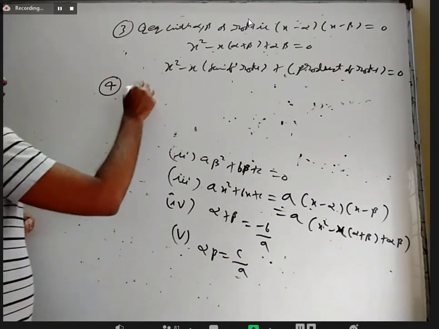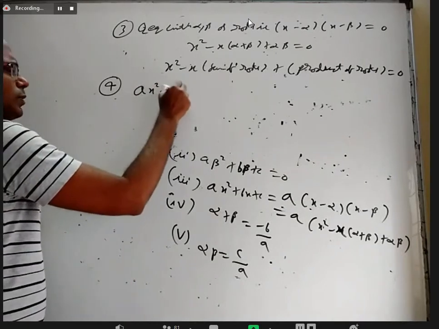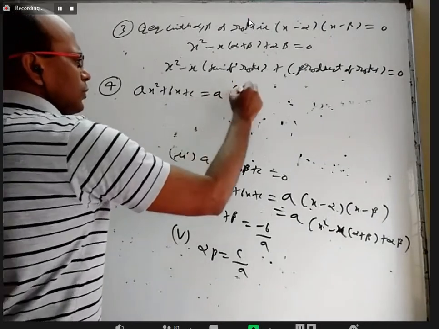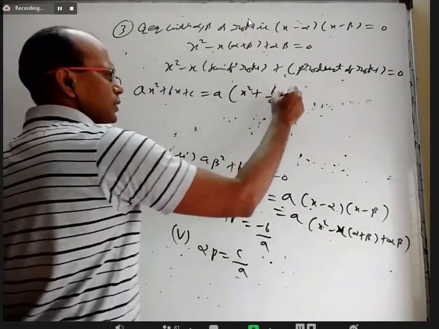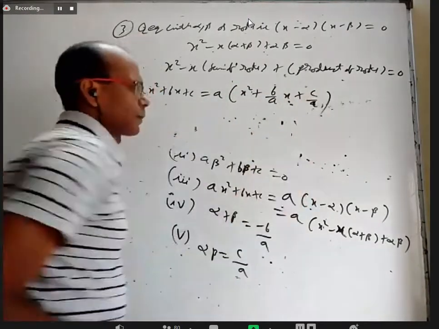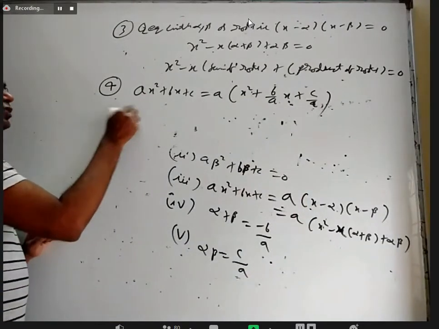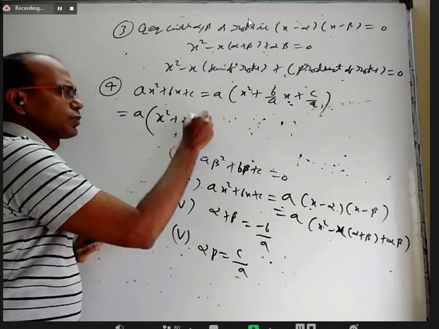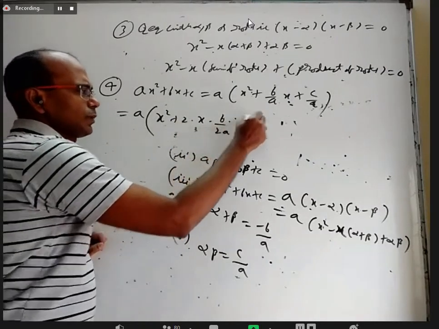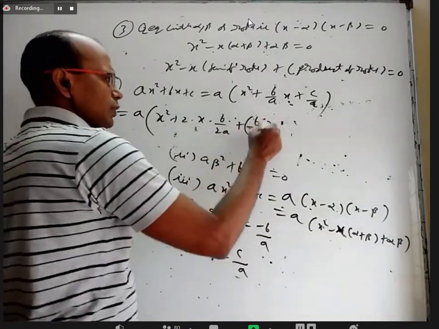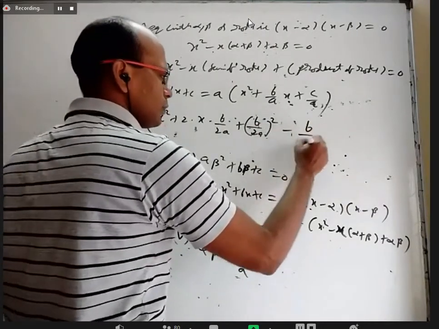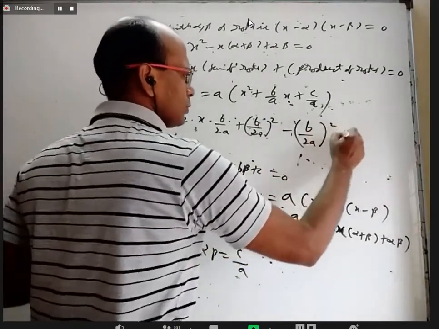Okay, fourth point, ax square plus bx plus c. If I take a common, it is x square plus b by a x plus c by a. I want to make this into a perfect square. I'm going to write x square plus 2 into x into b by 2a plus b by 2a whole square minus b by 2a whole square plus c by a.